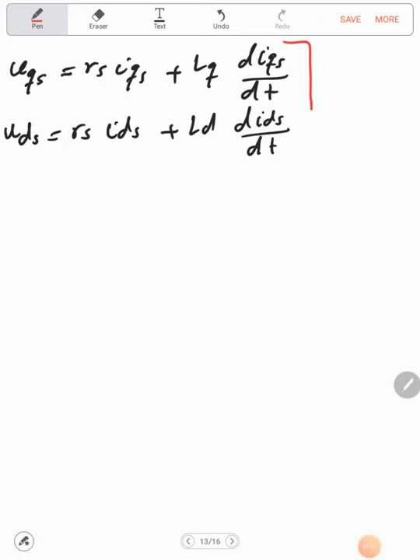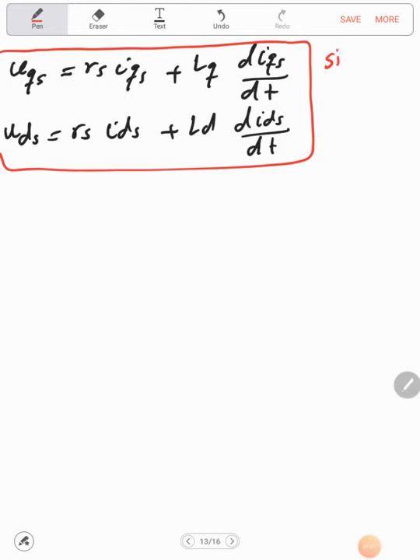Now those equations represent a simple RL circuit actually. So those are linear, so we can use our knowledge from linear control theory in order to design a current controller. To do so, let's take the Laplace transform.